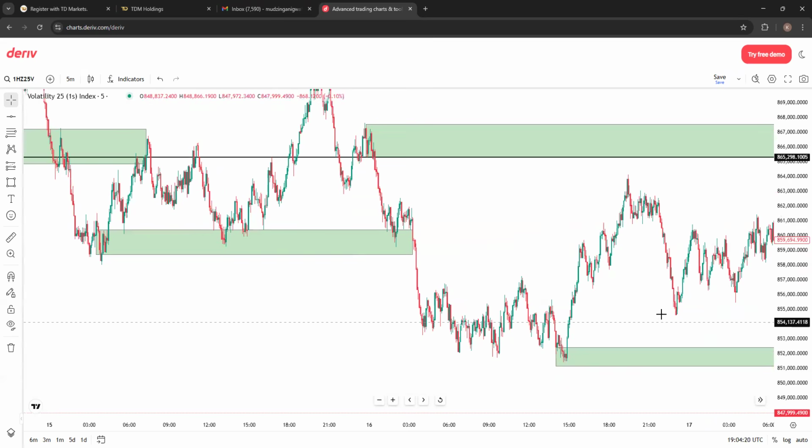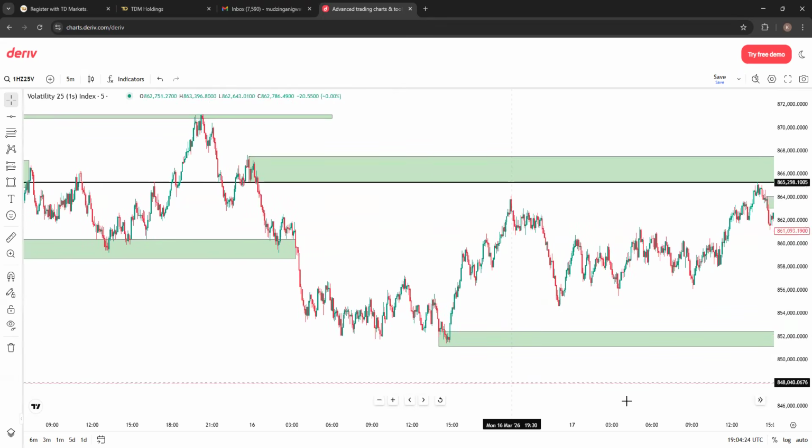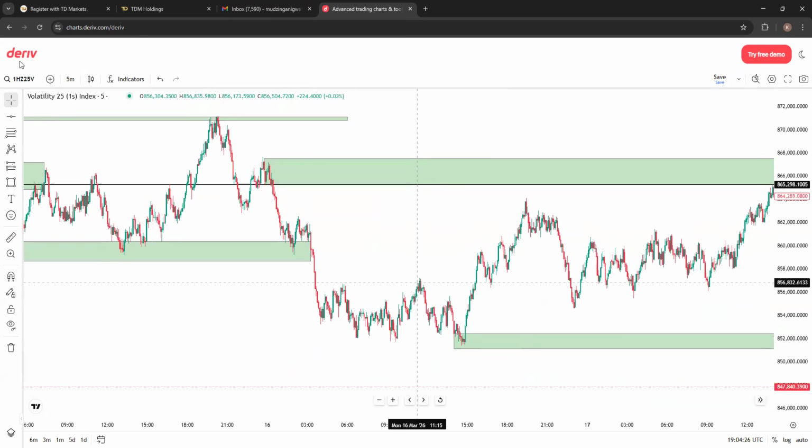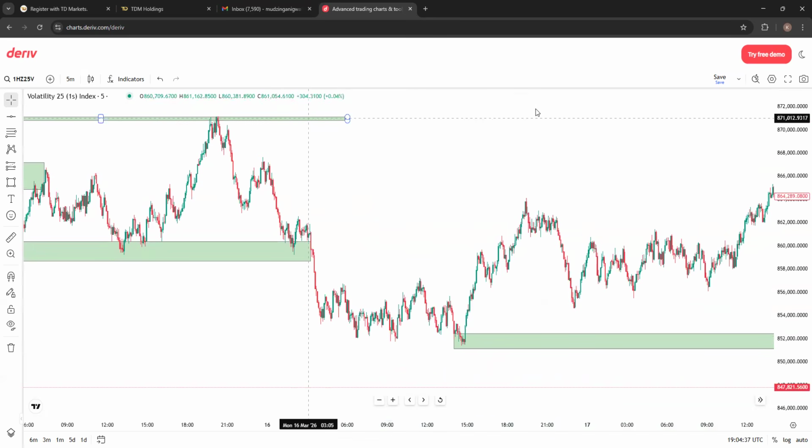Again, what we can see here is, I want to show you something. These are more like major highs and major lows if we move them to larger time frames, but I want you to take a look at this.